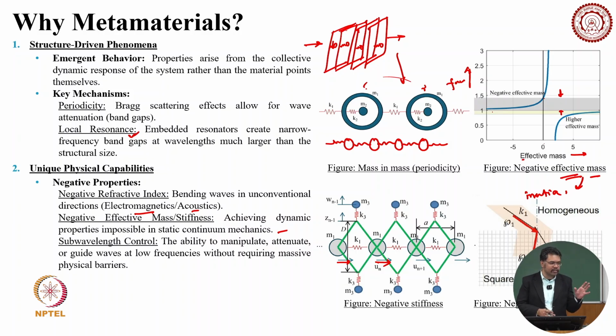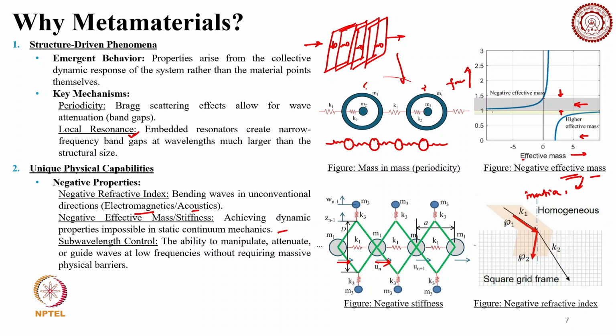Maybe you will not get that phenomenon at other frequencies. Like here, if you are dealing here, it is acting like a normal material. It has a positive mass, so not a big deal. But if you are acting here, yes, that gives you a negative effective mass.